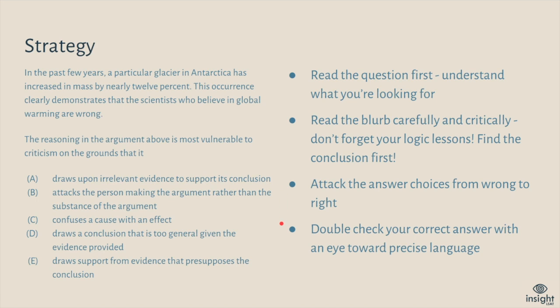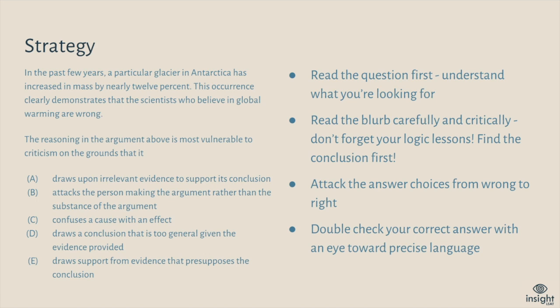And our last point of strategy, once you feel confident that you have the correct answer, you want to double check it with an eye toward precise language. So you want to really focus in on that answer and make sure that each and every word in that answer is okay, right? Each part of the answer allows it to be read as a correct answer given what's read above.